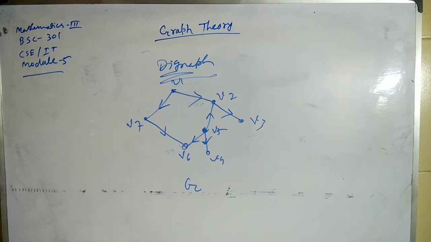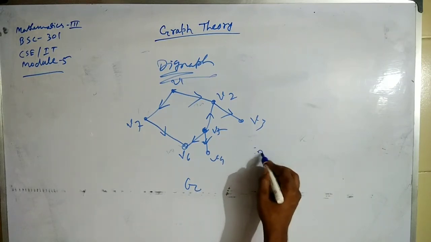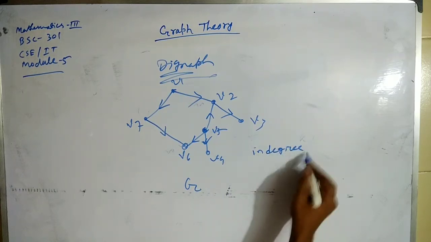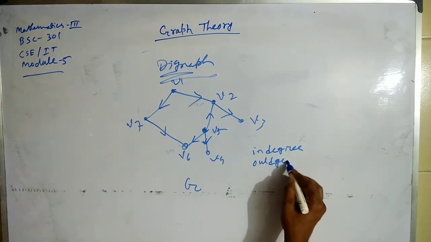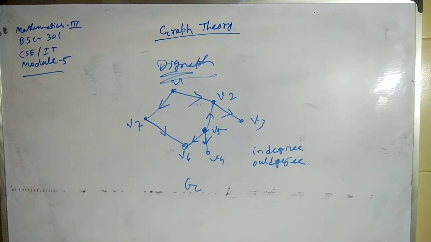So in a digraph, when we calculate the degree of a vertex, you know what is degree? Degree is the number of edges adjacent with that vertex. So the degree of a vertex is divided in two parts. One is in degree and another is out degree. So in degree means the number of edges going into that vertex is called the in degree of that vertex.